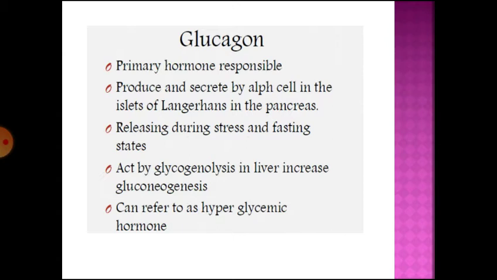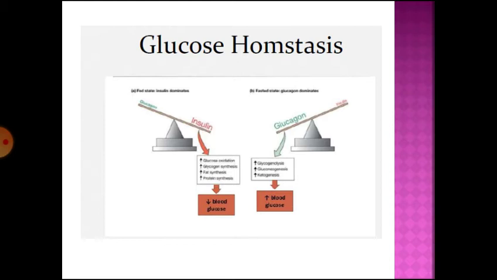Glucagon is the primary hormone produced and secreted by the alpha cells of the islets of Langerhans in the pancreas, released during stress and fasting states. It acts by glycogenolysis in the liver and increases glucose concentration, or increases gluconeogenesis. It can be referred to as the hyperglycemic hormone.